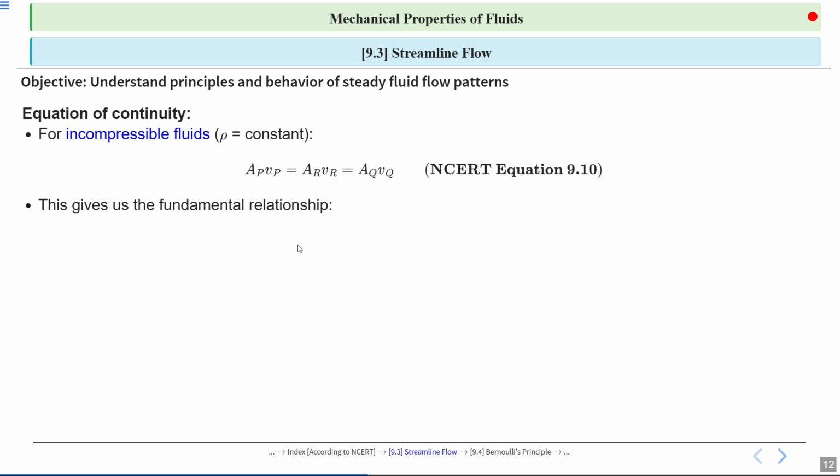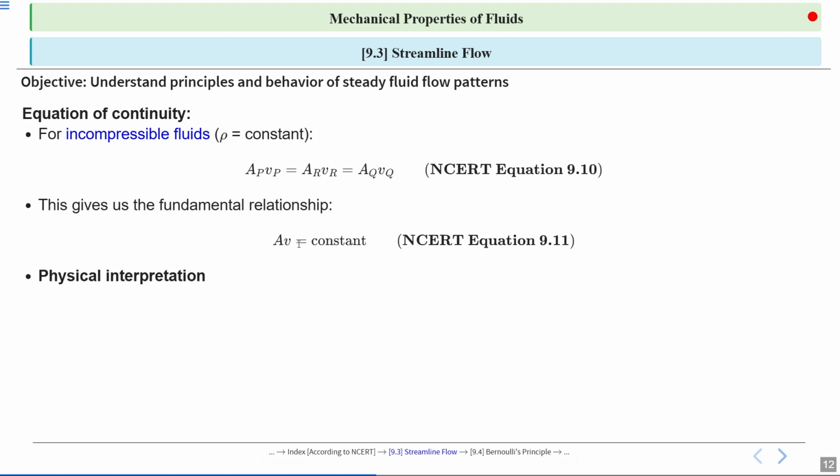So this leads us to a more general relationship. So A V equal to constant. All right. Physical interpretation. When a fluid moves from a wide section to a narrow section, its speed increases. That's why, for example, water flows faster through the narrow part of a river and slows down in the wider parts.